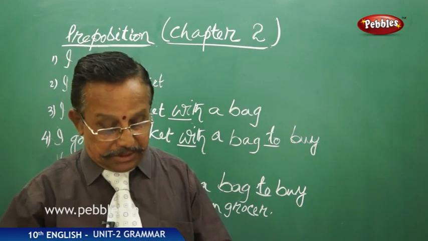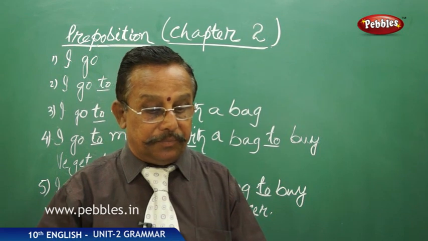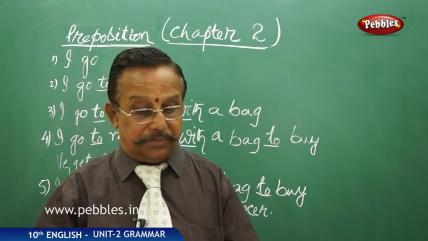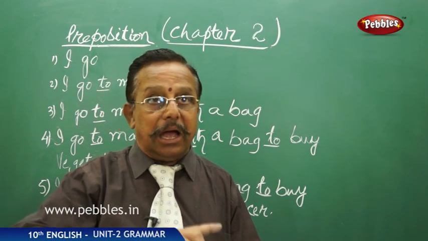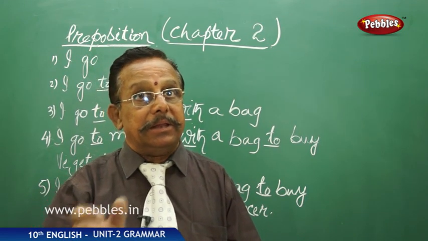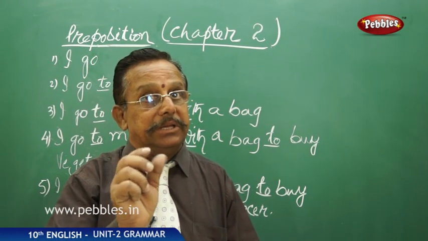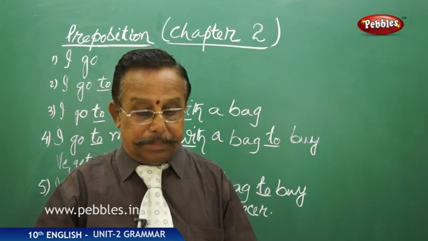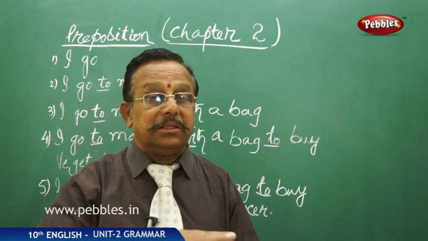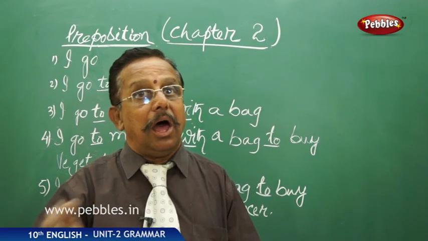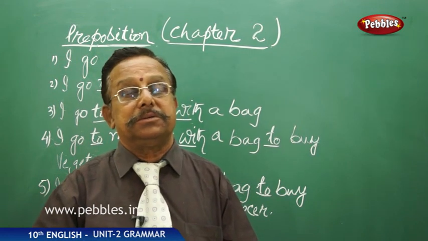These are simple prepositions. And now, compound prepositions. Compound ones are beside, across. That means one word and another word, these two have been combined together, and so it is called a compound preposition. Inside, within, without. See, these are compound prepositions.